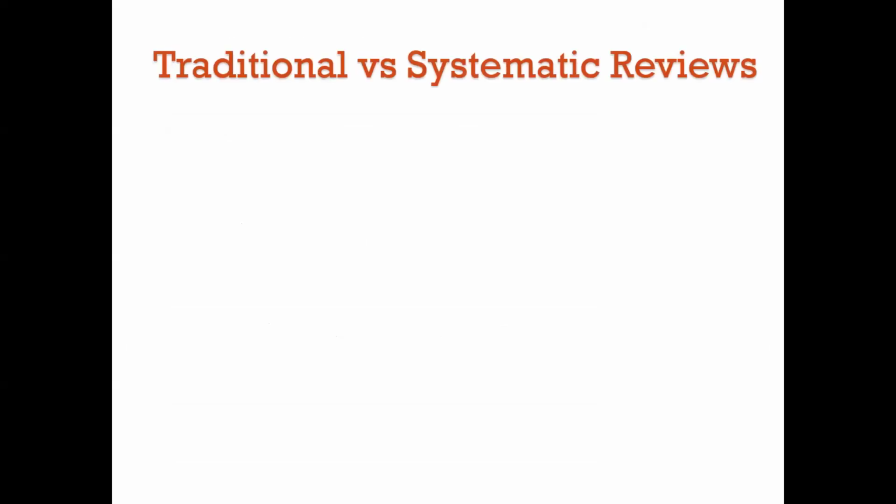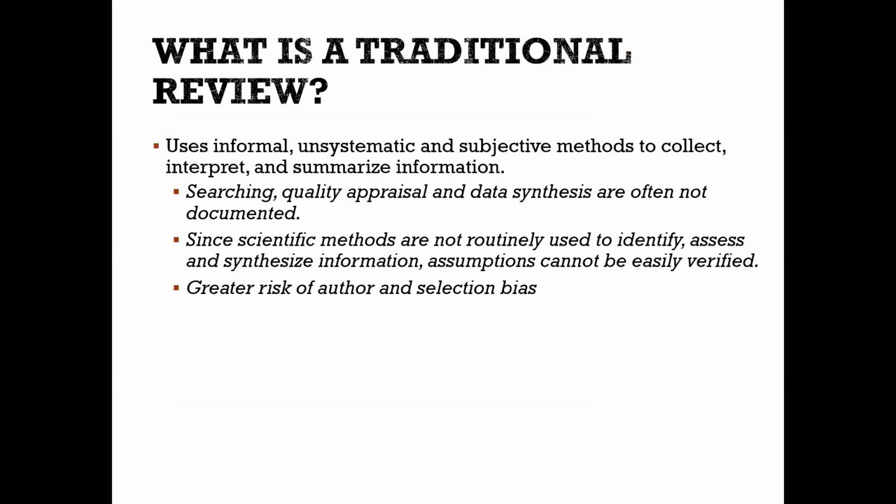So let's see the difference between the traditional and systematic review. What is a traditional review? You can hear people say narrative reviews or scoping reviews, or just reviews like that.